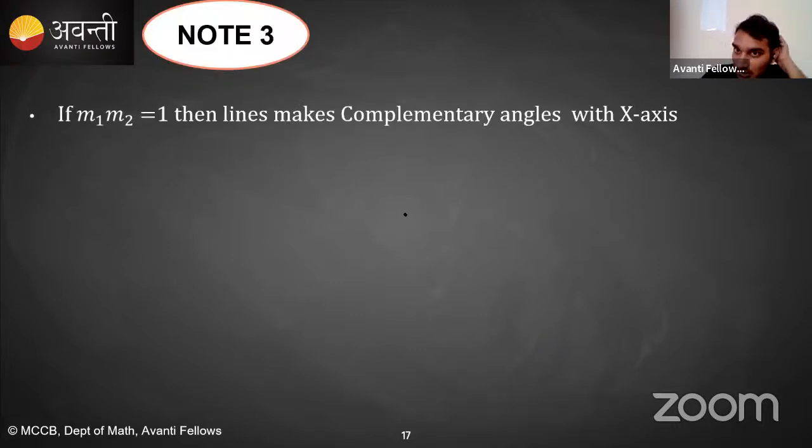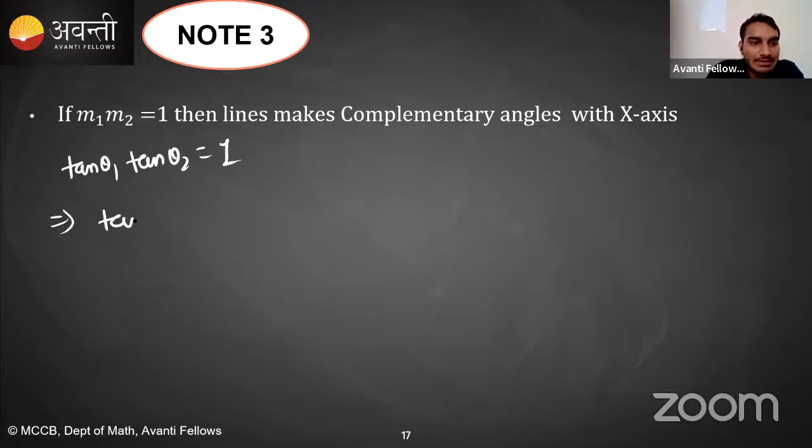So now, in continuation of that, the third is if M1, M2 is 1, means tan theta 1 into tan theta 2 is equal to 1. So tan theta 1 is 1 upon tan theta 2, which is cot theta 2.